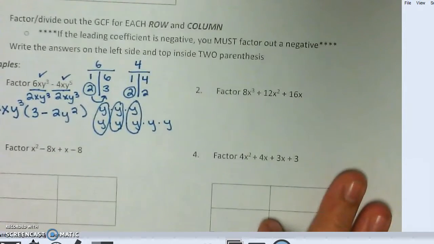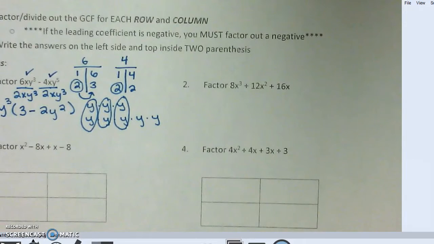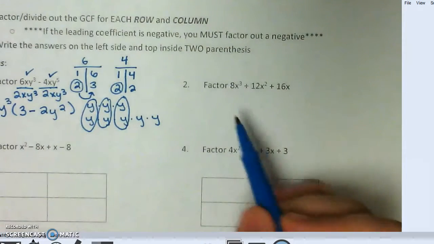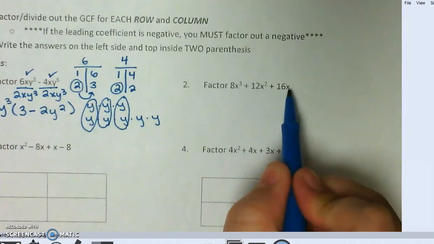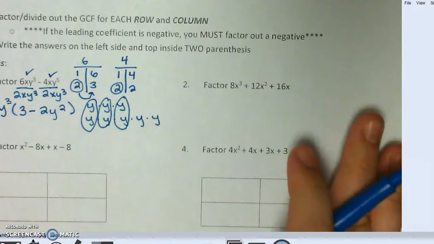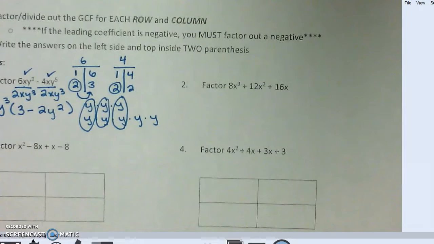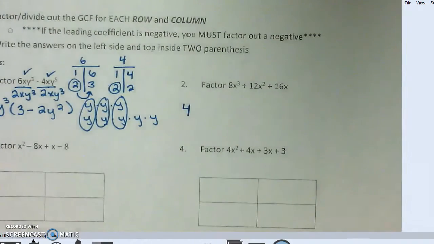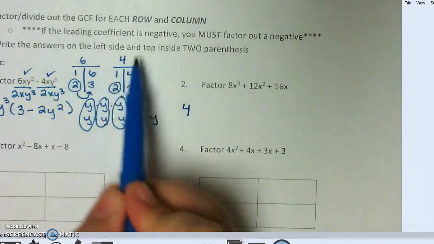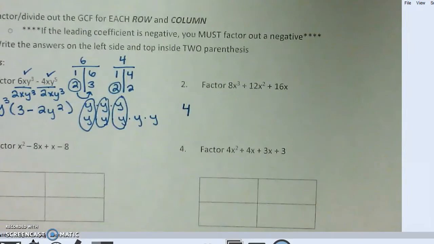Okay, let's move on to the next one. In this case, we have 3 terms, but we still do the same thing. So the biggest number that can go into 8, 12, and 16. If we quickly look at it, you know that 2 goes into it, but that is not the greatest common factor. The greatest common factor is actually 4. Again, if you have any trouble, you can just do your factor charts.